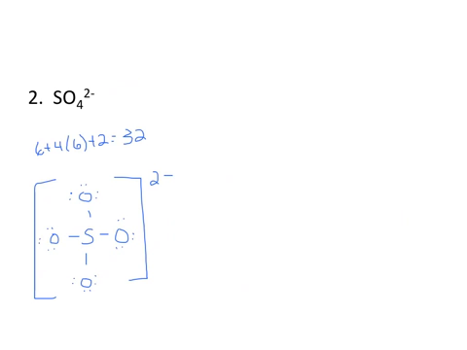Let's try another one. Alright, sulfate. I have this structure drawn. This is what we drew last time on the last video. So I'm going to look at the formal charges of all these. So let's start with the sulfur. Sulfur has 1, 2, 3, and 4 around it. So it's got 4 bonding electrons.